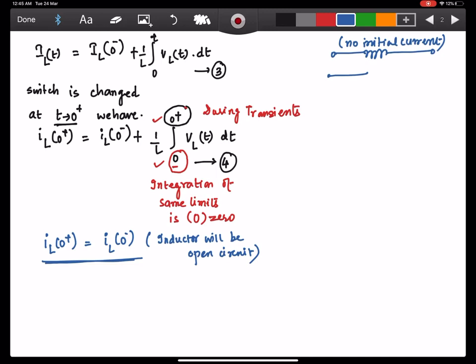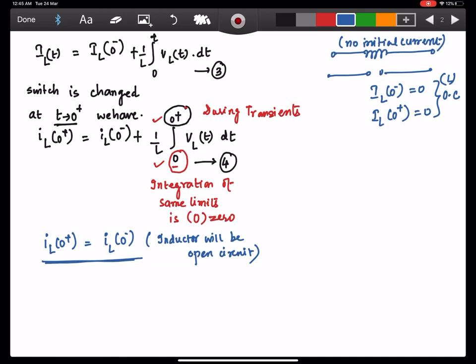At this particular time your inductor will behave as an open circuit. Why? Because IL(0-) is equal to 0, so IL(0+) is also equal to 0. That means at this particular time your inductor will behave as an open circuit.